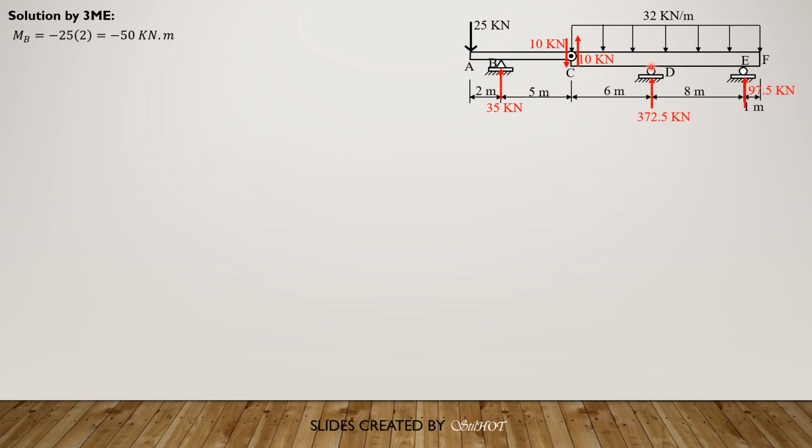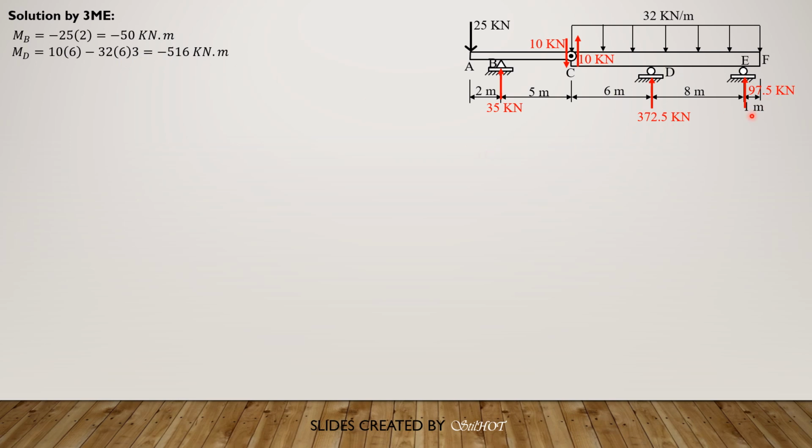The moment at D is 10 times 6 minus 32 times 6 times 3, or 97.5 times 8 minus, considering the forces to the right, 32 times 9 times 4.5. So either way, the moment at D is negative. So 10 times 6 minus 32 times 6 times 3 is negative 516.